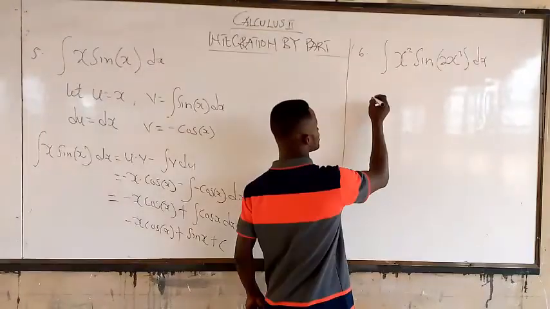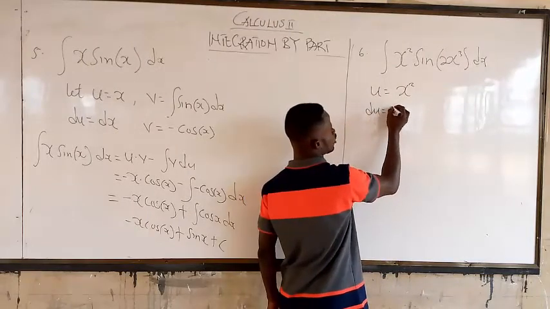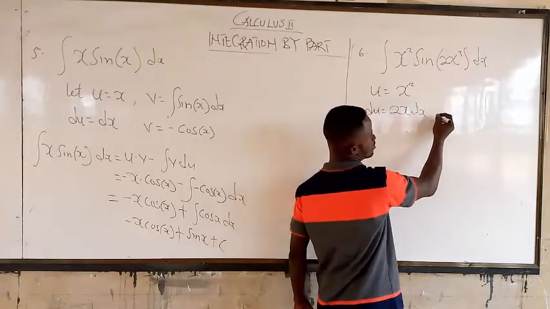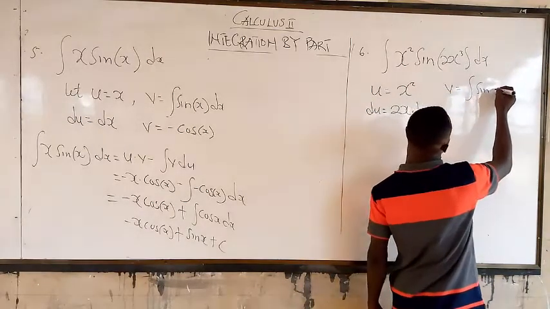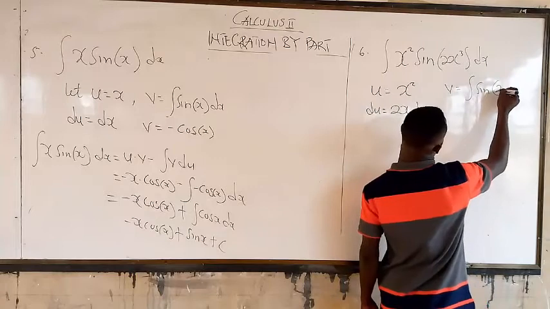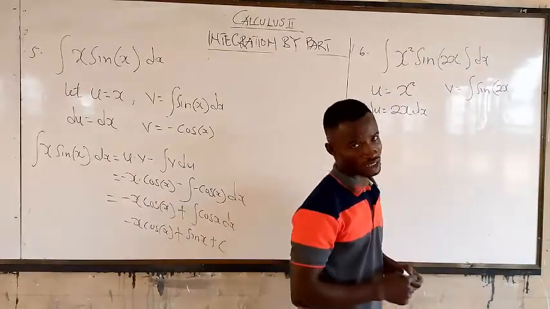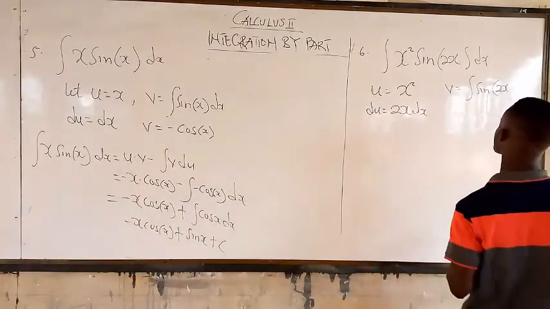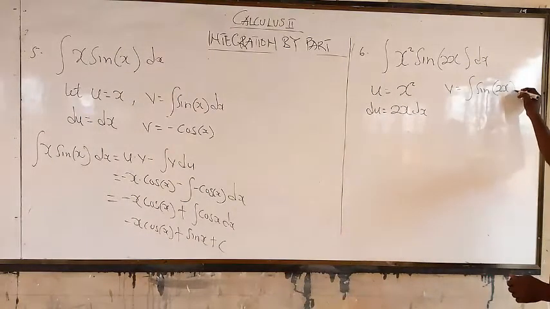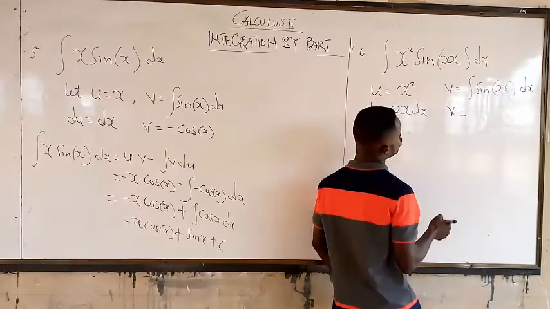So straightforward, u is equal to s squared, du is equal to 2s ds, v is equal to the integral of sine 2s ds. Oh, let me ignore the power for now, alright? Not that it can't be solved, it can be solved.